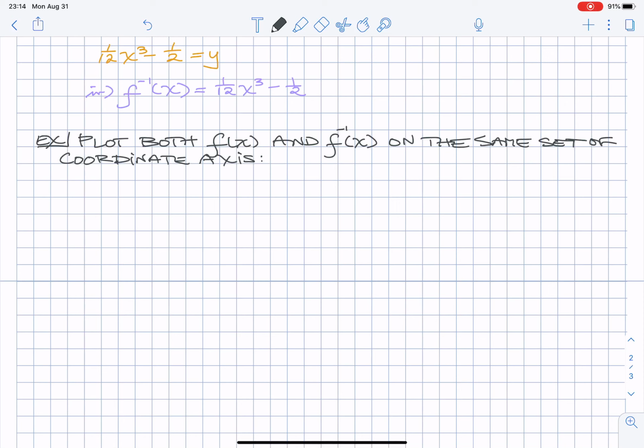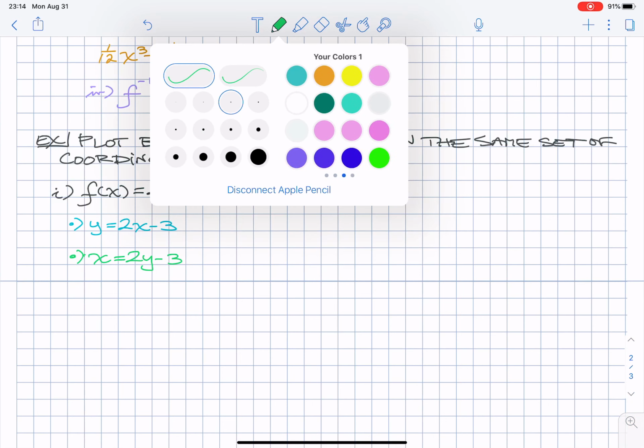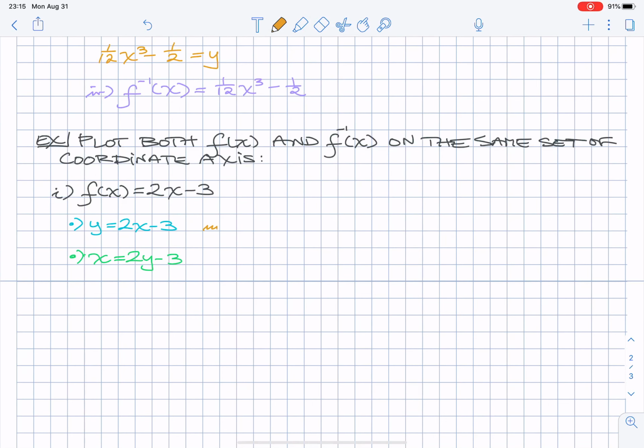Okay, so number 1, what do we have? We have that f of x is equal to 2x minus 3. Okay, so step 1 real quick. y is equal to 2x minus 3. Step 2 would be x is equal to 2y minus 3. Step 3 would be x plus 3 is 2y.